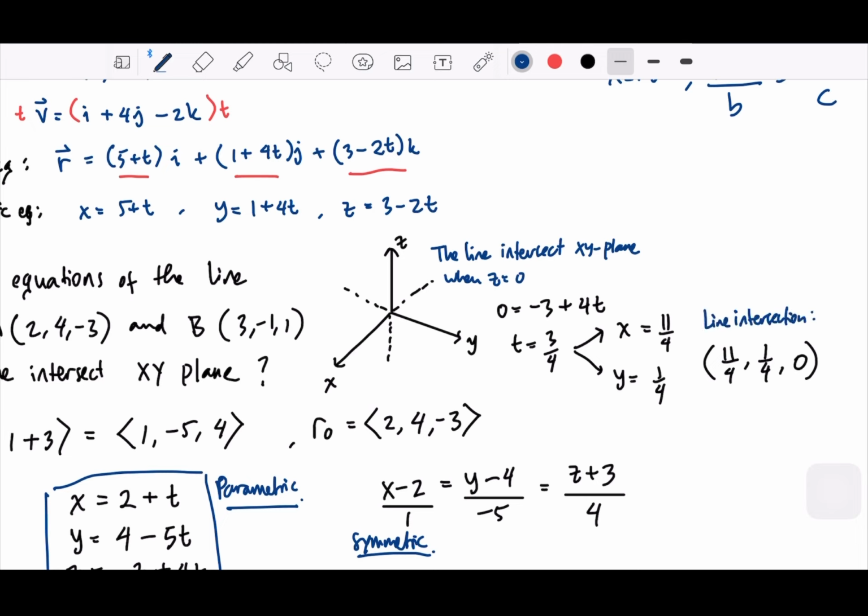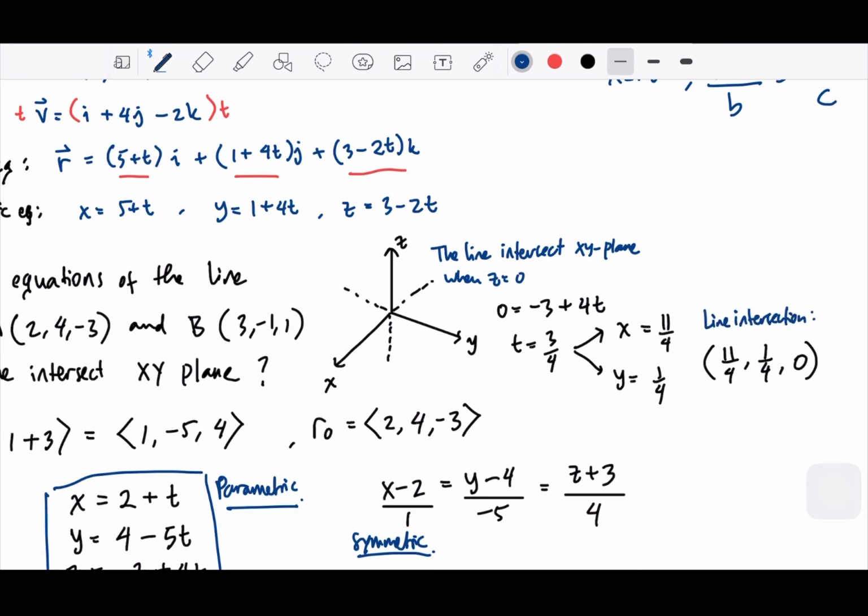And from this example, actually, we can set up some definitions or probably some methods. So if you look at A and B, if t is equal to 0, then it's just the position vector of A. If t equals 1, we will have the final result is B, the position vector of B. So actually, we have something called a line segment.